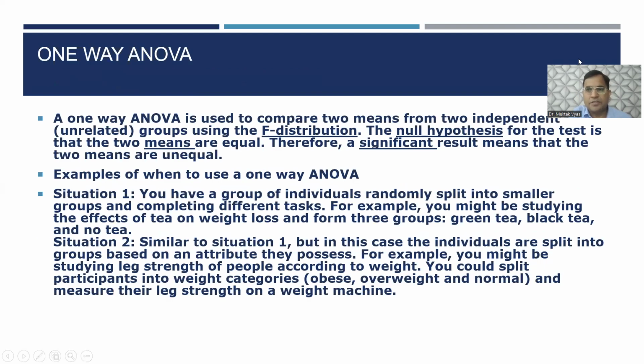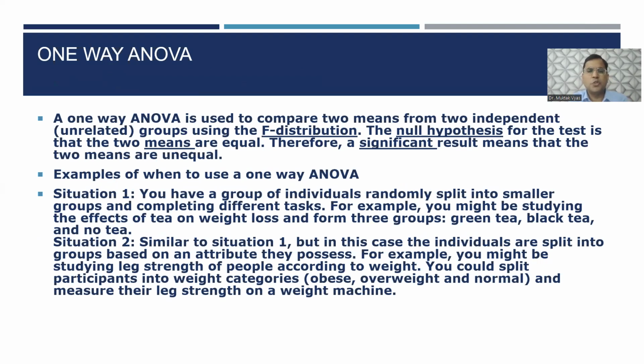So we just see the ANOVA first. One-way ANOVA is used to compare two means from two independent unrelated groups using the F distribution. The null hypothesis for the test is that the two means are equal. Therefore, a significant result means that the two means are unequal.